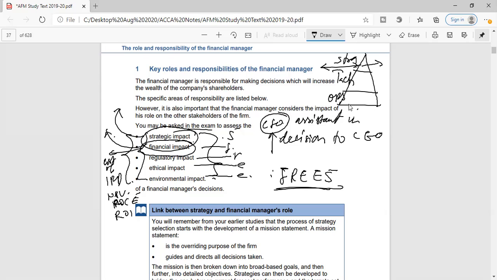Because if a product is being launched, or somebody is talking about launching a product in a new geography, new market sector, what will be the cost or the price of the product? What will be break even required for that? How the product can be launched at a lower cost?